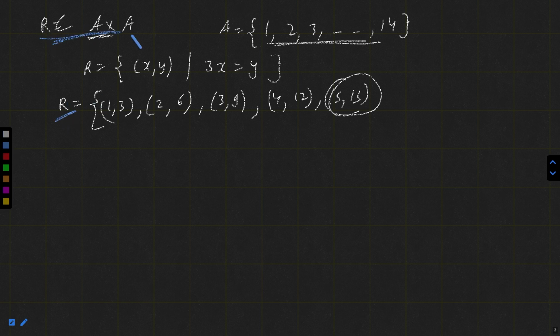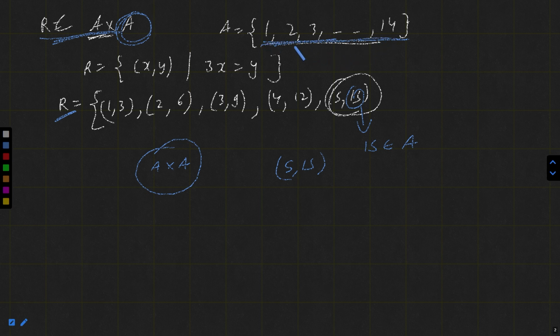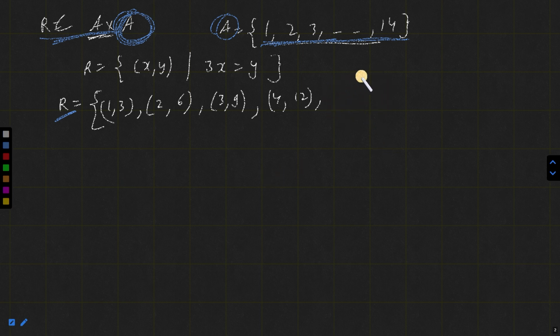Because R must be a subset of A cross A, and in A cross A we do not have the element 5, 15, because 15 is not belonging to this set A. So this element is not going to be in the relation R. So we restrict ourselves to these elements only.